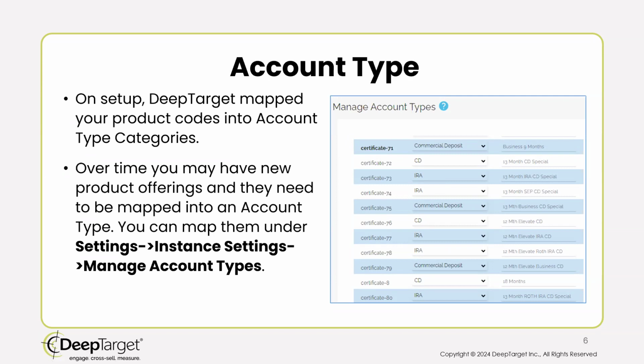So when you have new product codes, you can go into Deep Target to map those. If you just go to settings, instance settings, manage account types, you can update that mapping. Now, you might have some that you no longer use, but you want to keep what they were historically. So I wouldn't change any mappings that have already been set up unless they're grossly wrong. We want to leave those historical ones there.